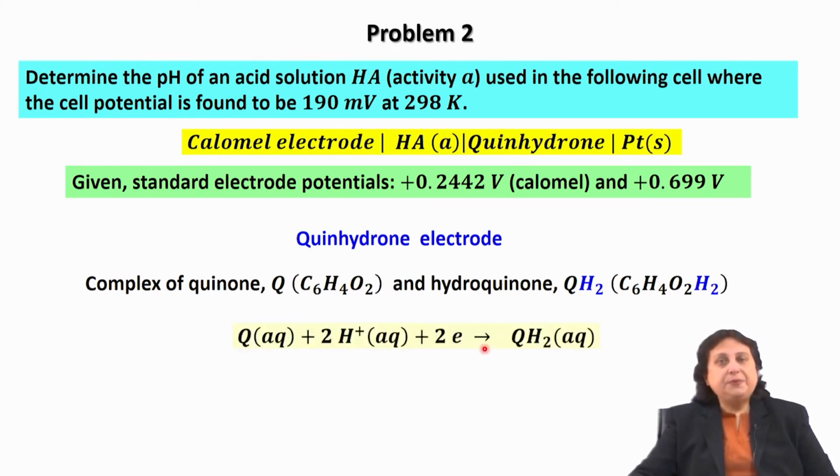But what happens here to us, we are interested in the half cell reaction, where we find that aqueous solution of quinone in acidic medium gets reduced to form QH2 in the aqueous medium. Okay?